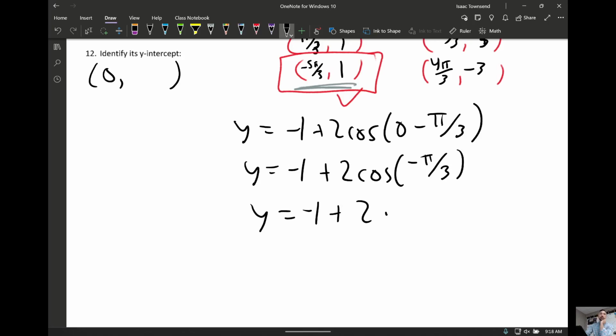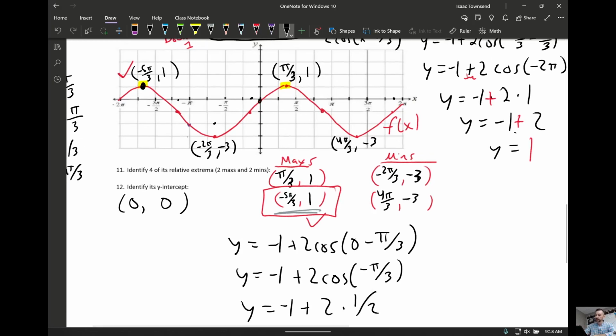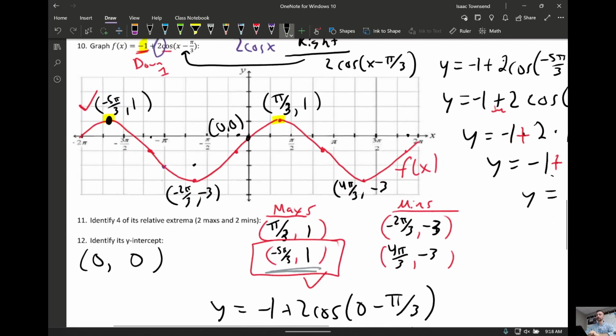Have to slow down a little bit here because of unit circle. That would be 1/2. Looks like when x is 0, y is 0. So based on my graph, that makes sense. It looks like it's going through 0, 0, and algebraically I got 0, 0. So adds a little bit more confidence to my graph.